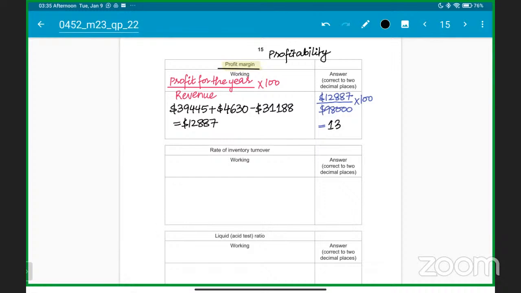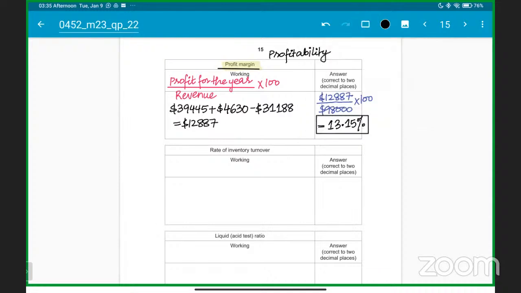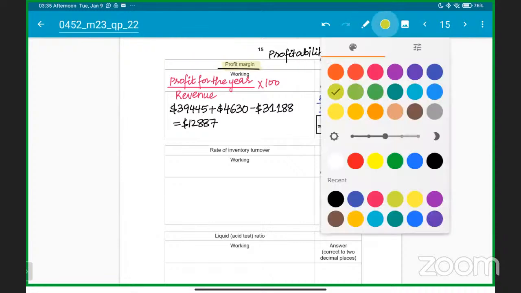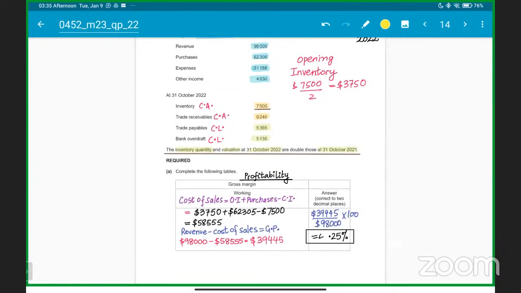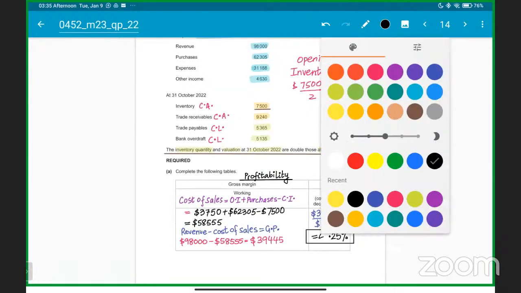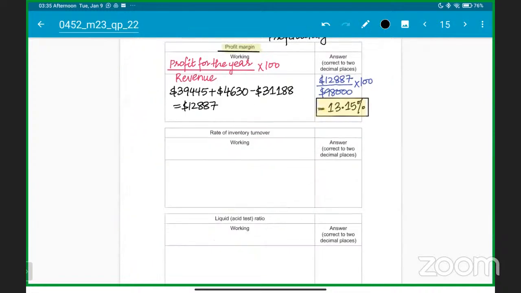You have to give it correct to 2 decimal places. Can you guys hear me? This should also be clear: in the gross profit you have to do this. So this one is done. And let me correct this one as well. It is 40.25. Okay. Next, what we have is the rate of inventory turnover.